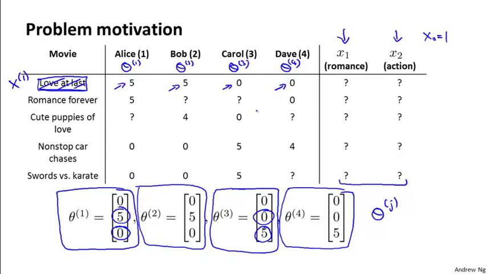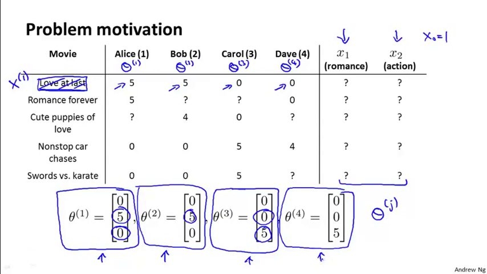So what can we infer? Well, we know from the feature vectors that Alice and Bob love romantic movies because they told us that. There's the 5s here. Whereas Carol and Dave, we know that they hate romantic movies and that they love action movies, because those are the parameter vectors that users 3 and 4, Carol and Dave, gave us.